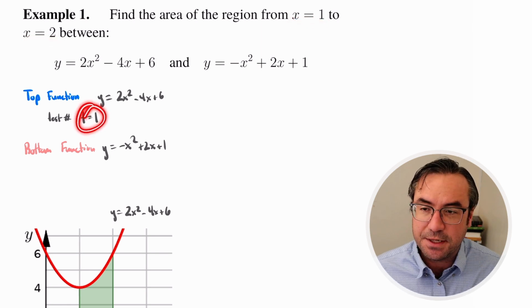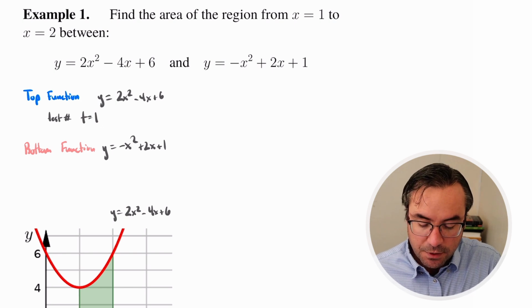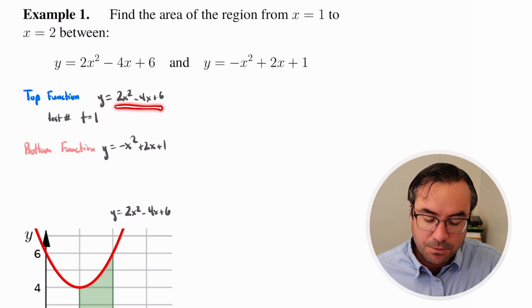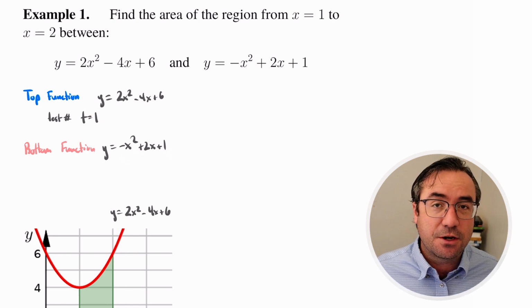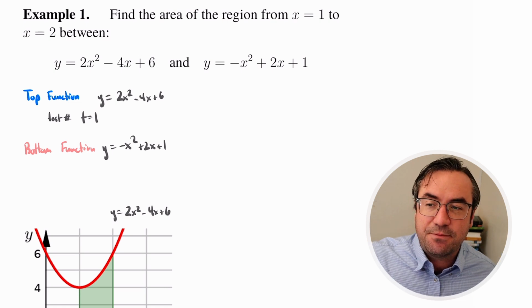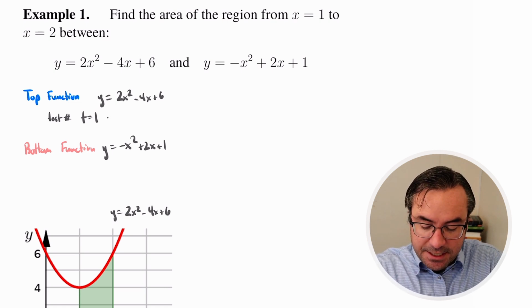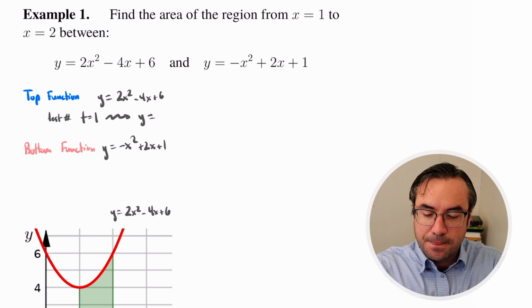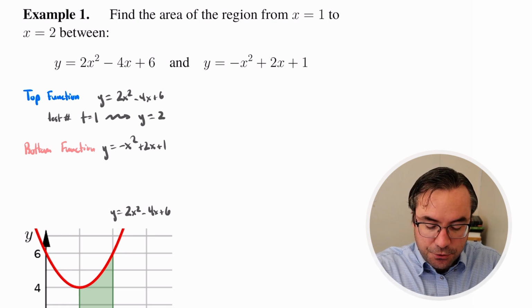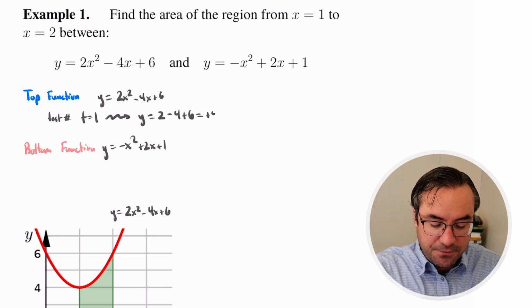So let's keep it easy. The idea is we're going to plug t equals 1 into both of these different functions, and whichever function gives us the larger value is going to be our top function. So when I take t equals 1 and plug it into this first equation, we get 2 minus 4 plus 6, which is positive 4.